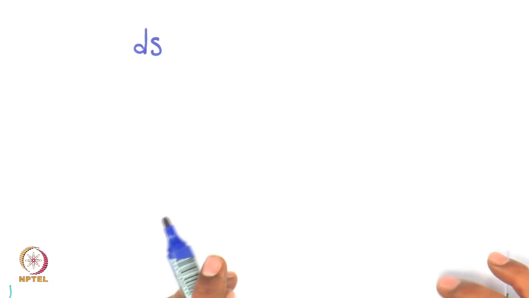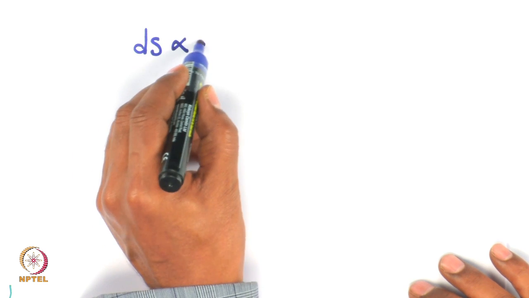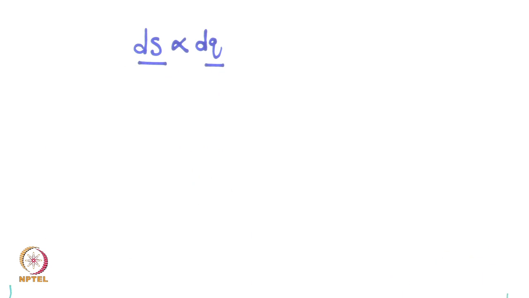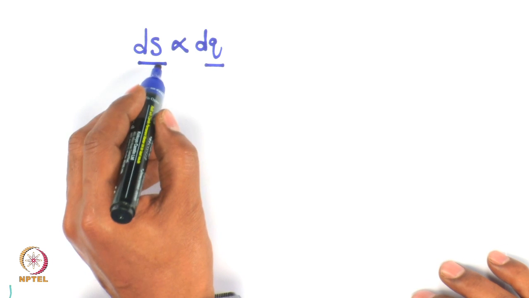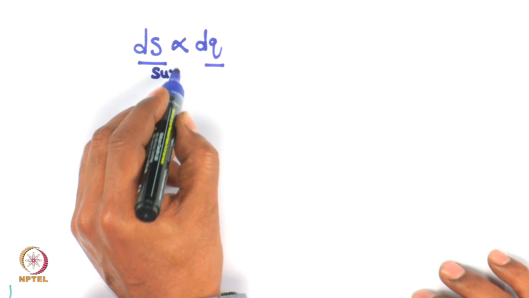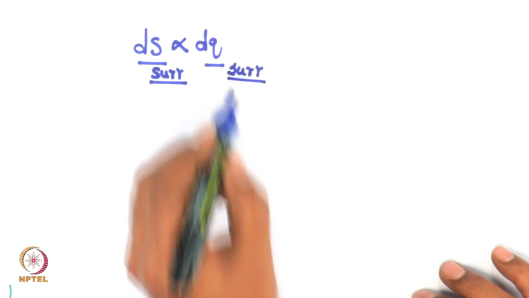dS, if I write it as the change in entropy as a result of this disorder, it is directly proportional to the amount of heat transfer. And at present we are talking about the surrounding. We are not talking about the system.